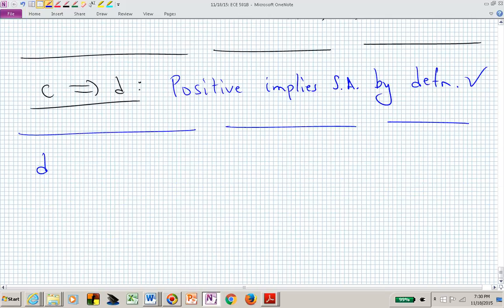D now says that we have a self-adjoint square root, and we want to use that to see if D does imply E. So S from statement D is self-adjoint.